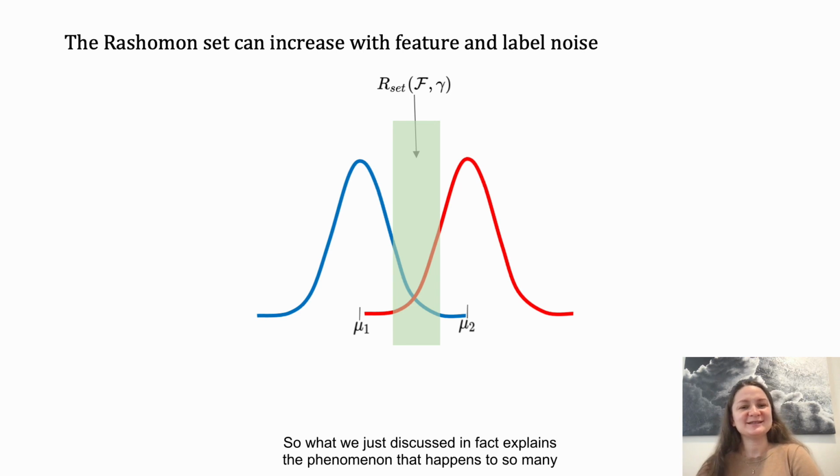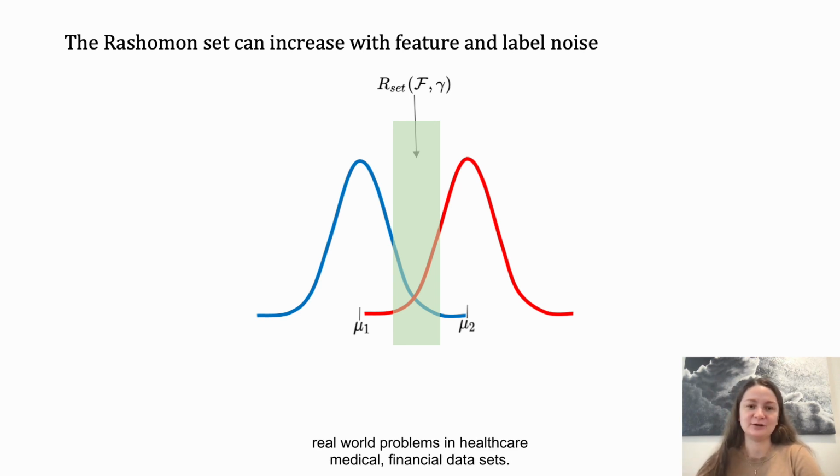So what we just discussed, in fact, explains the phenomenon that happens in so many real-world problems in healthcare, medical, and financial data sets. We often see that they are very noisy and they have larger Rashomon sets, which justifies the search for sparse or interpretable models for them.